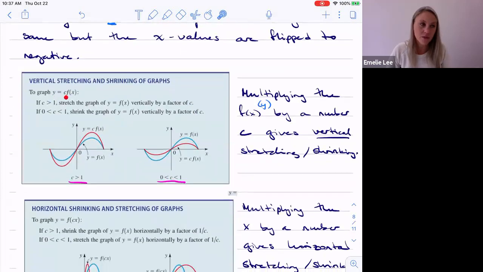So y equals c times f of x. If I've got c greater than 1, which I do in this case, since 3 is greater than 1, then I'm going to stretch the graph vertically by a factor of c. So all my y values become 3 times f of x, all my y values get multiplied by 3.